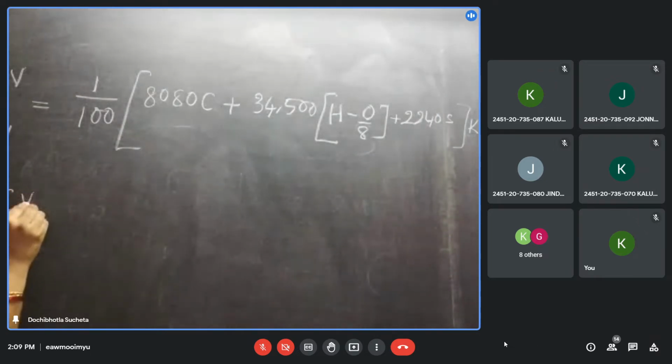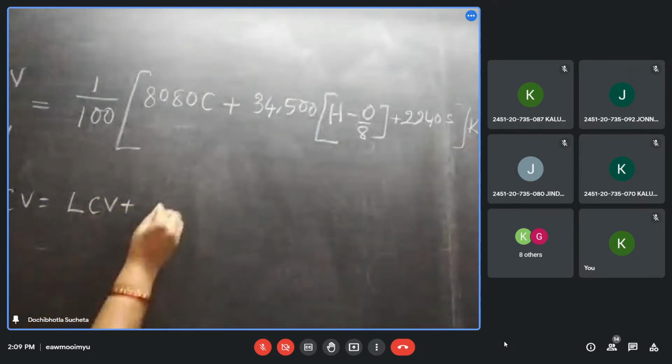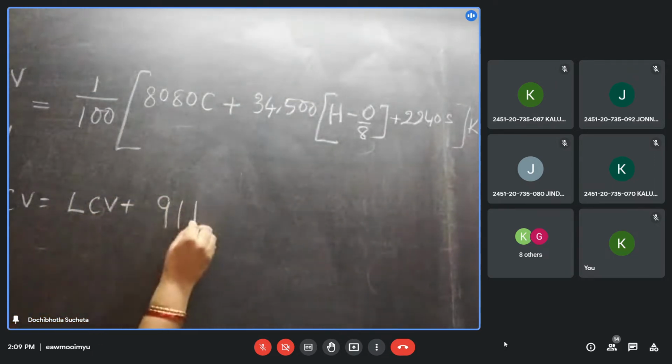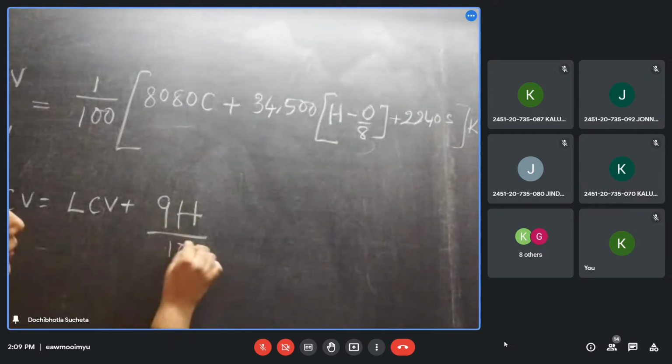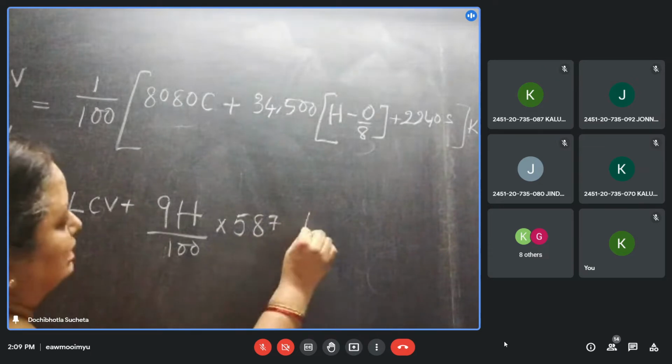HCV is equal to LCV plus 9 capital H by 100 into 587 kilocalories per kg.